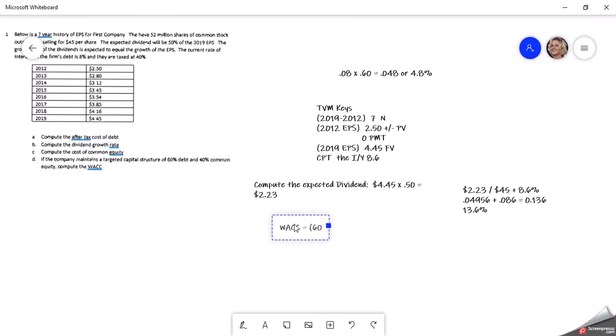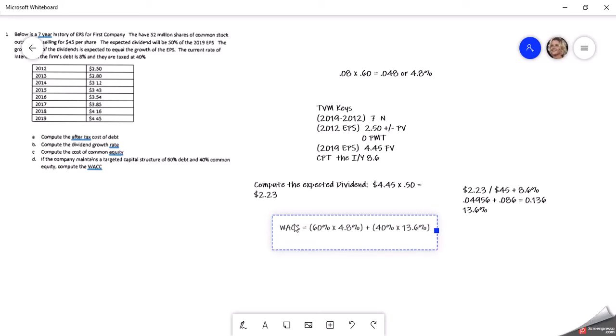So that's the 60% financed with debt times our 4.8% after tax cost of debt, plus the 40% financed with common stock equity times what we just calculated, the 13.6% cost of common stock equity.